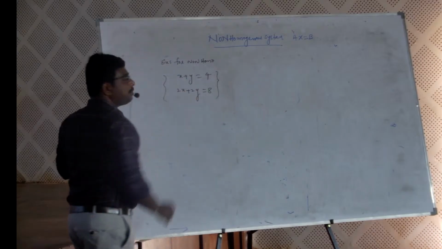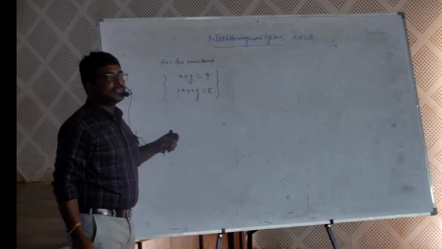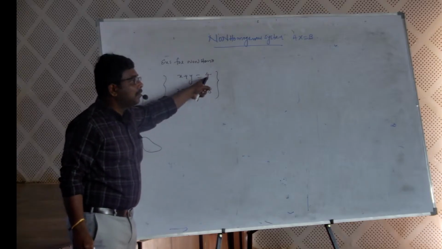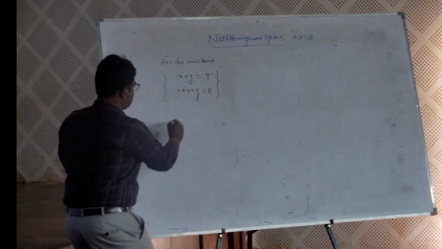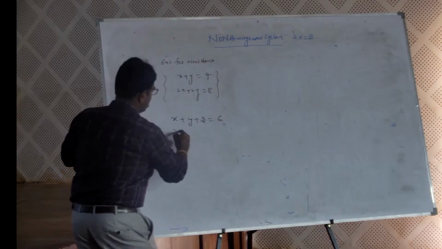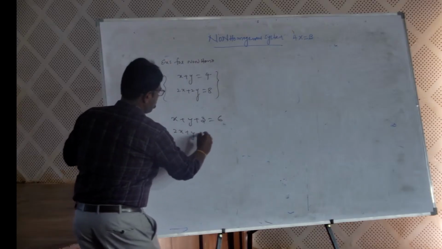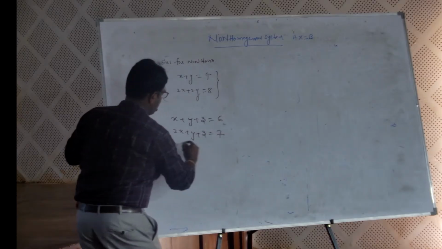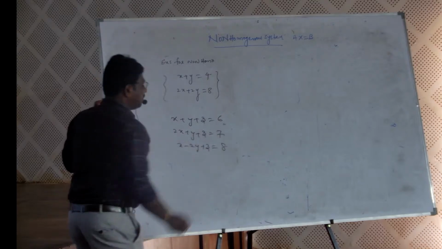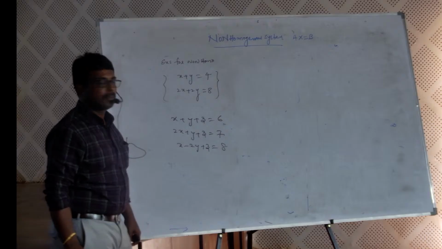If the right side is other than 0, that is okay. This is a which system? Right side values 4, 8. This is a which system? Non-homogeneous.